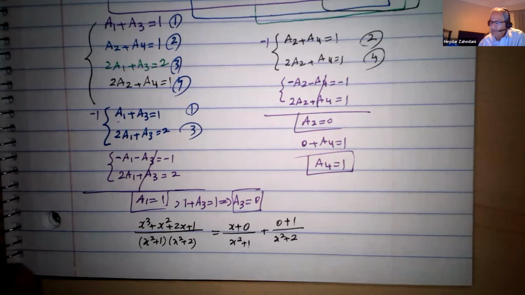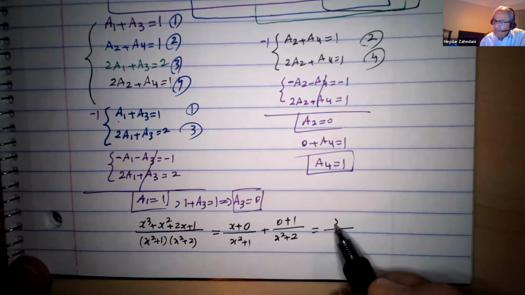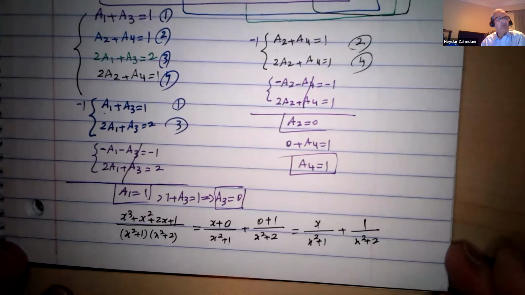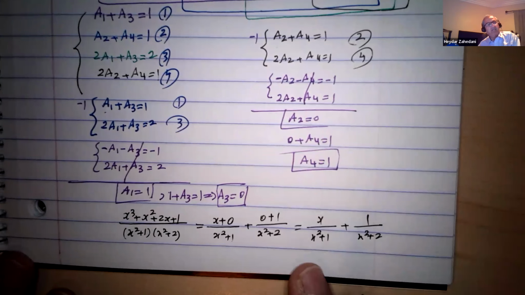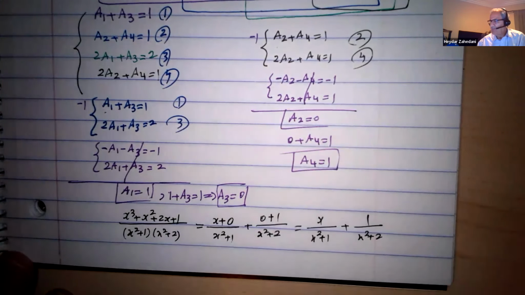Yeah, I made a mistake on that. So this is it. You get x over x squared plus 1 on the top, plus 1 over x squared plus 2. Nicely, it can be done because the first one can be done by a log, the second one by tan inverse. Okay, so it's a very nice method.